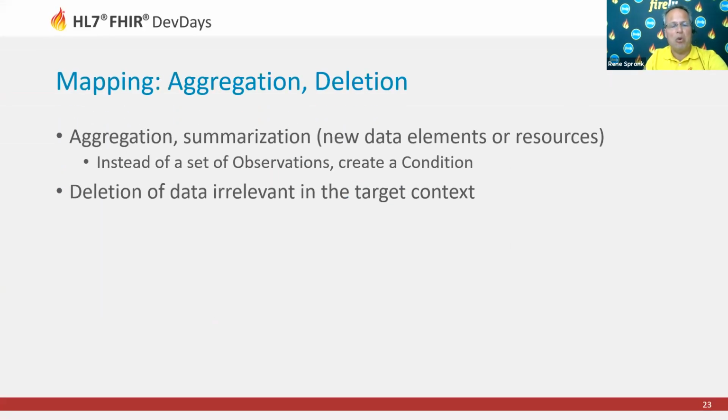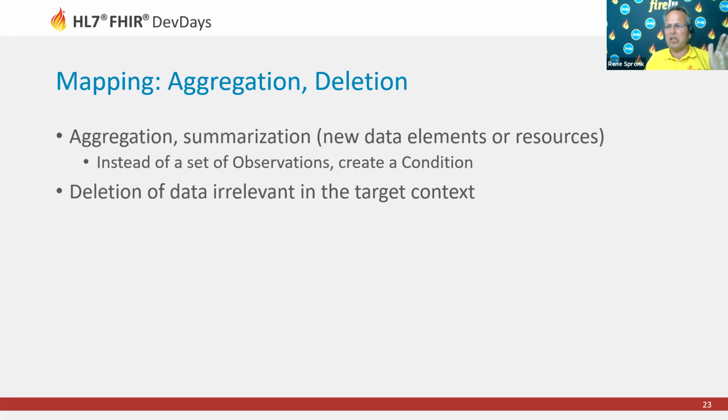And I specifically wish to draw attention to aggregation and summarization. Because if you know that the receiving context desires a certain level of granularity, or that they only support certain resource types and not others, then you may actually have to aggregate or summarize. An example mentioned on this slide is, what if we have lots of observations and these observations are a clear indication of diabetes mellitus type 2?